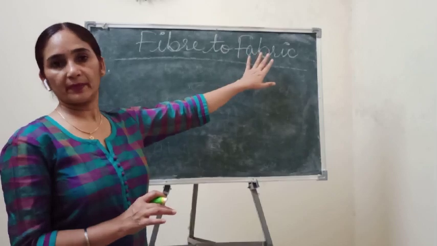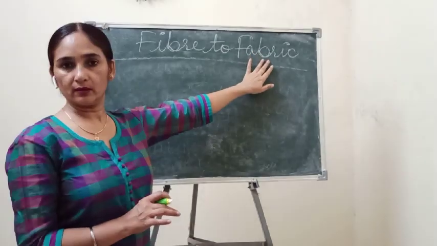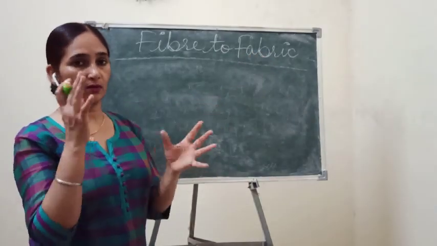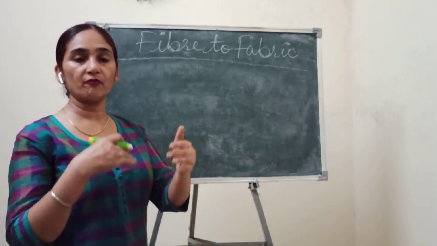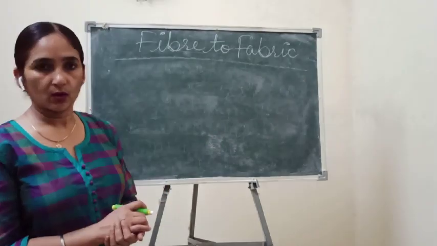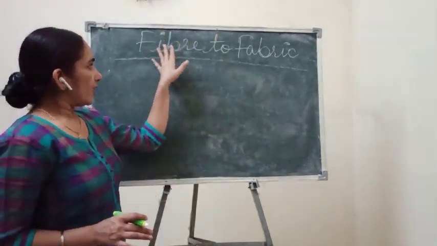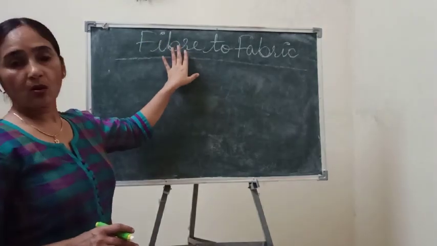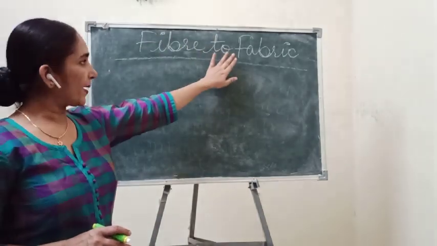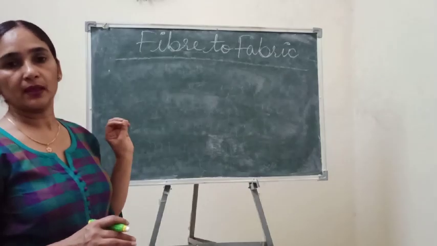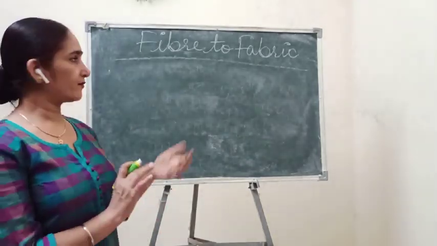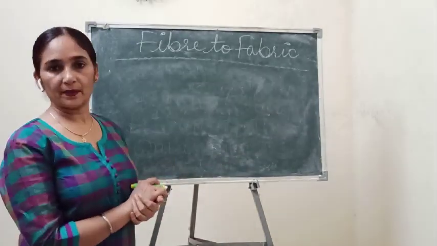It is a cloth only, which is coming in the market in the form of bundles, in rolls. How we can prepare fabric from the fiber, that we have to study in this chapter.